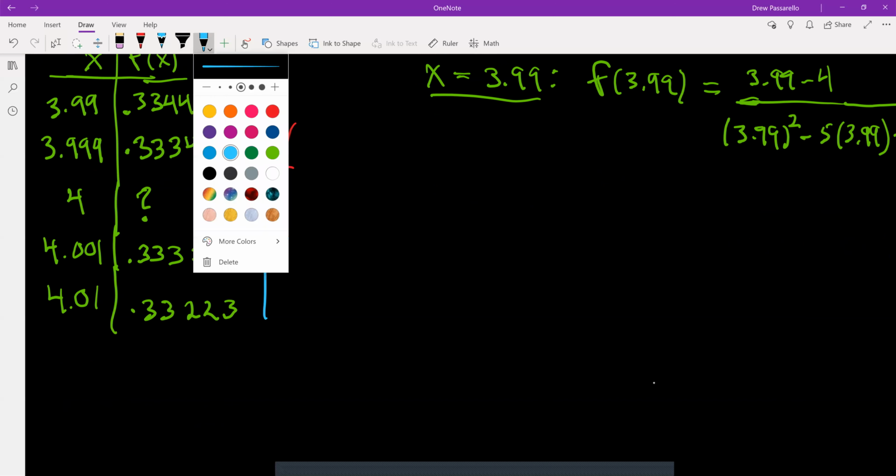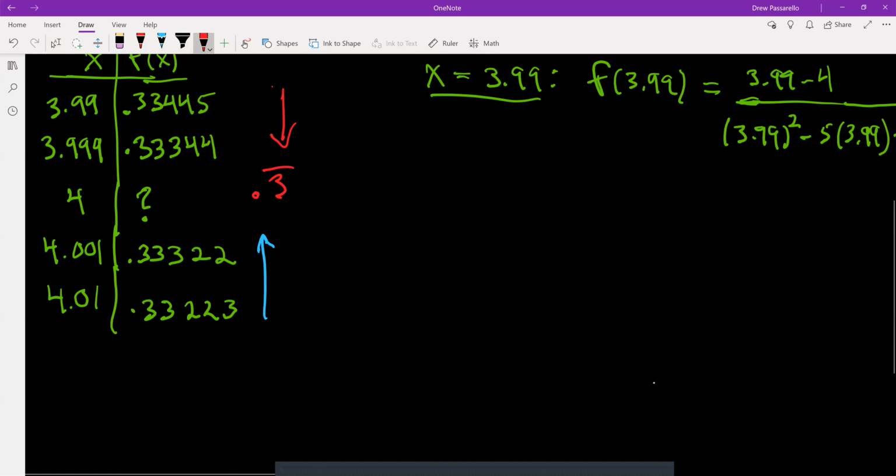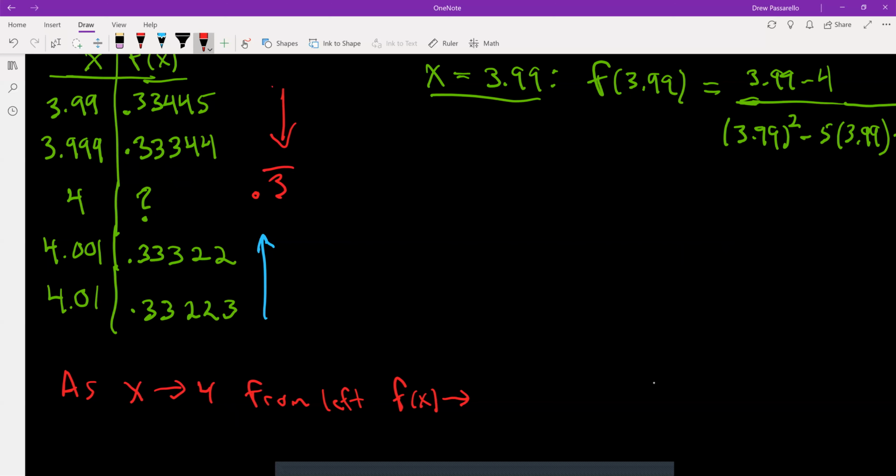So I'll summarize it, and again I use x and then the arrow for approaches. As x approaches 4 from the left, the f of x values look like they're approaching 0.3 repeating, or 1/3.